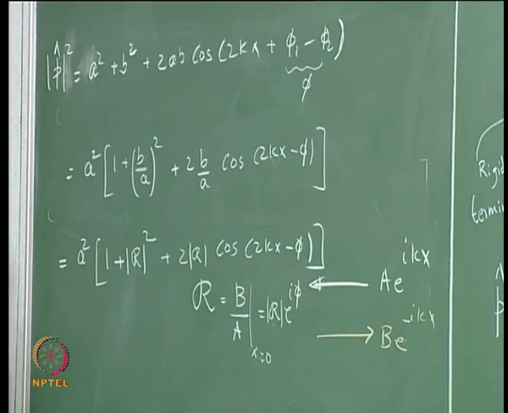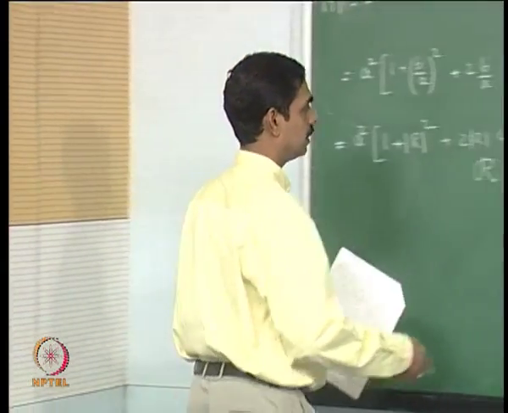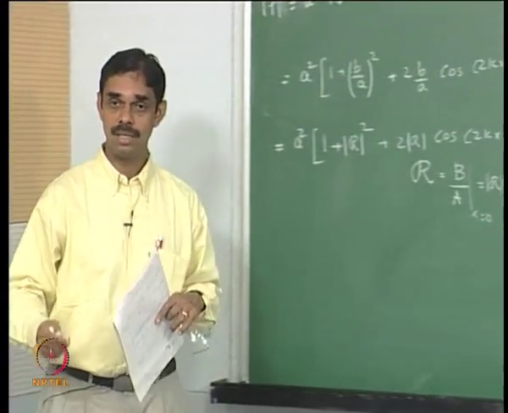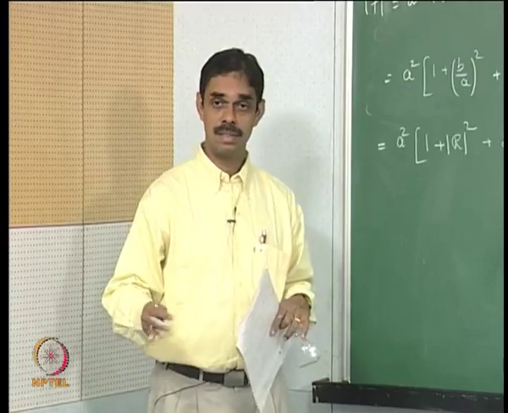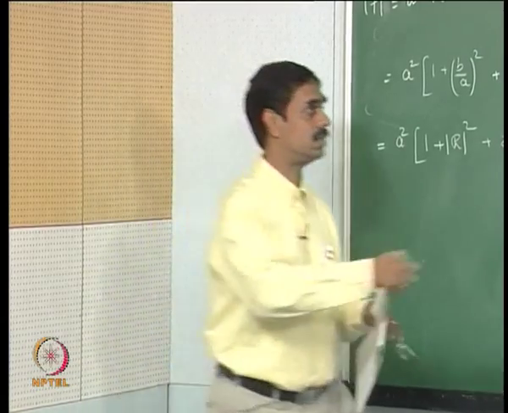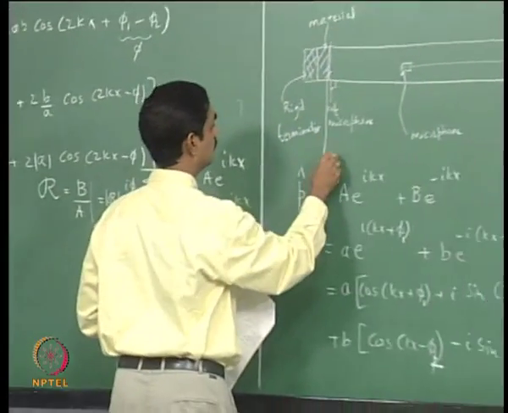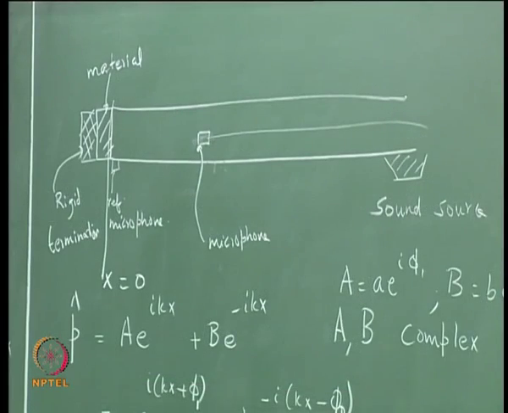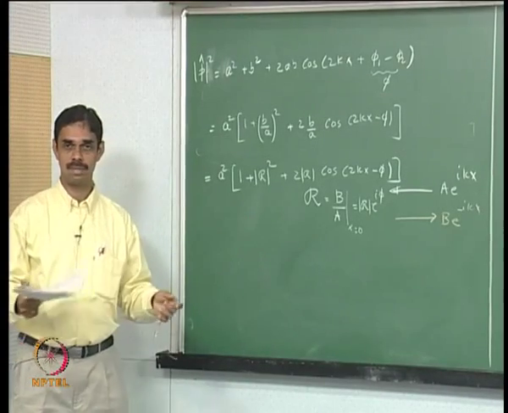That is another way of writing the admittance or the impedance: I send in A e power i kx, B e power minus i kx comes out, and let us put our coordinate system such that this termination is at x equal to 0. Then a reflection coefficient can be defined as this complex number B divided by the complex number A. This is the equivalent definition of admittance.